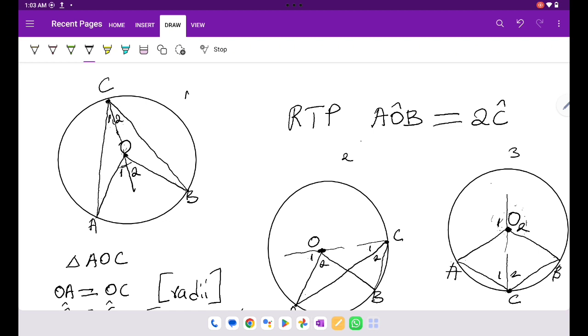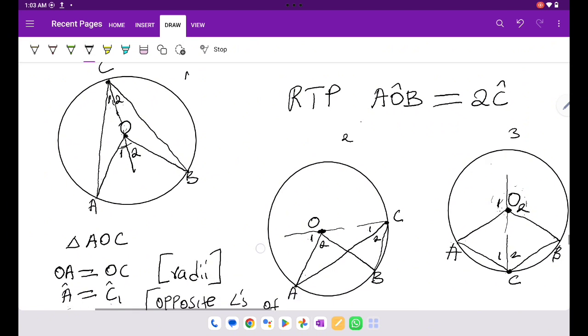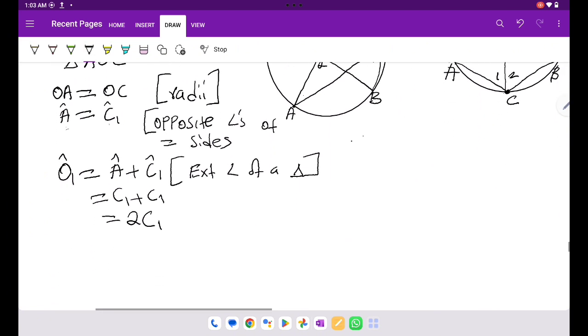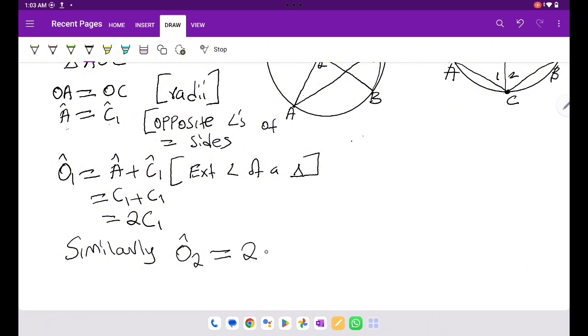Now, mathematically, if we are going to repeat the same thing that we did there, we don't have to do it. So we can just use the word similarly. Meaning, as we did with triangle 1, so is triangle 2. So we will say, similarly, angle O2 is twice angle C2. So as we did with the first triangle, so is the second triangle.